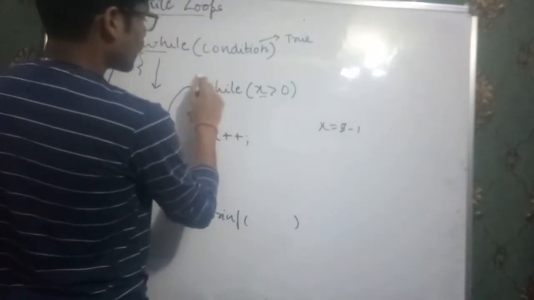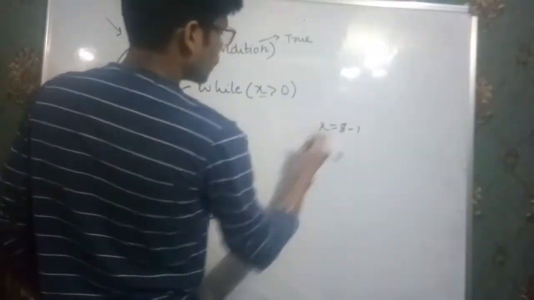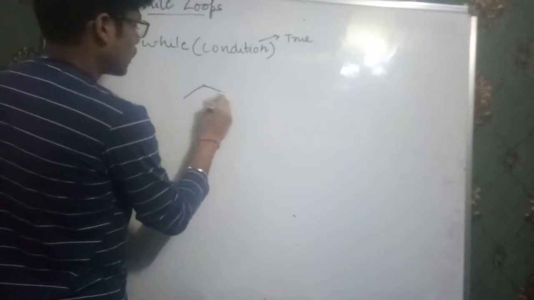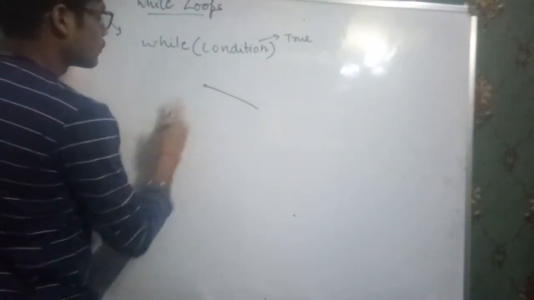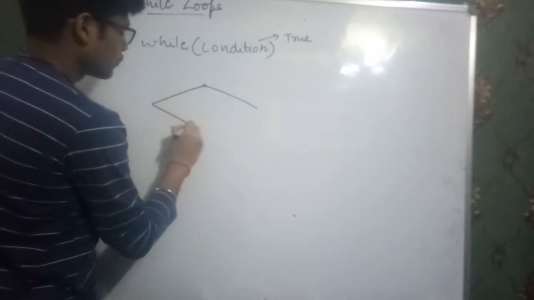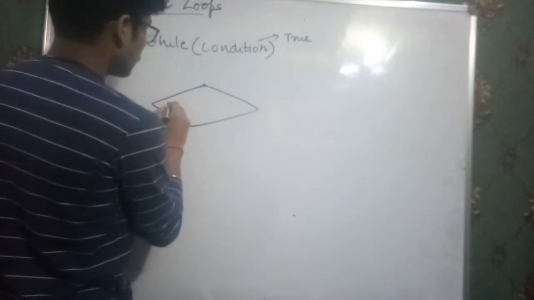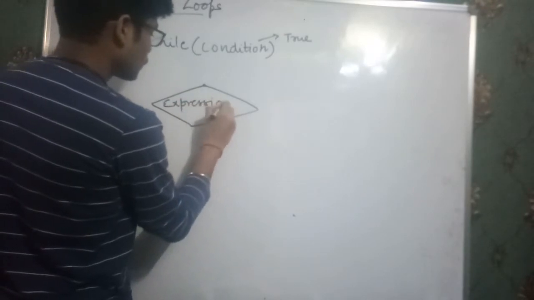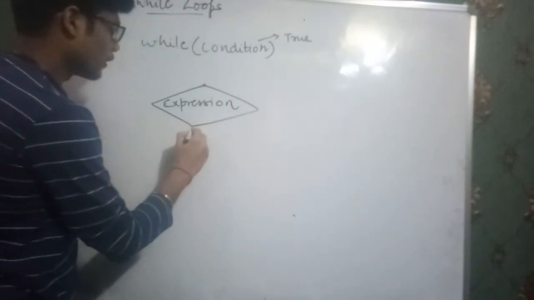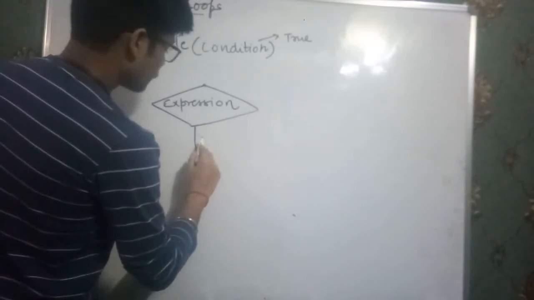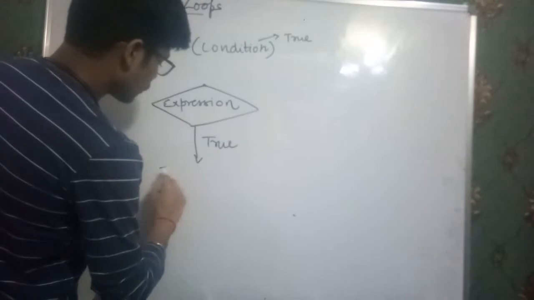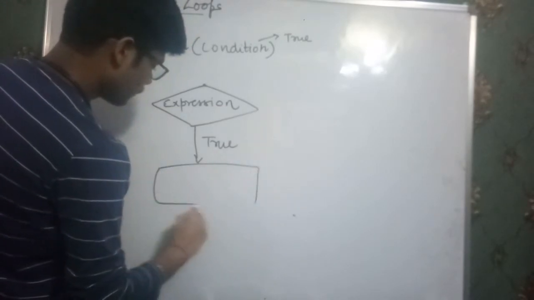We can draw a flowchart of this. There will be an expression, and if that expression is true, then we will go inside the body of the loop.